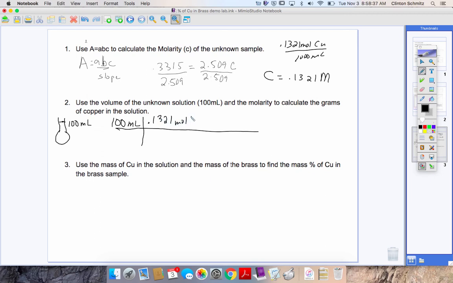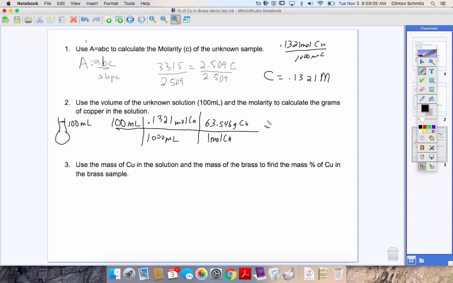So I can plug that number in right here: 0.1321 moles copper over 1,000 milliliters. Now I can just change copper to grams. 1 mole copper, and I'm going to use the numbers on the periodic table: 63.546 grams copper.